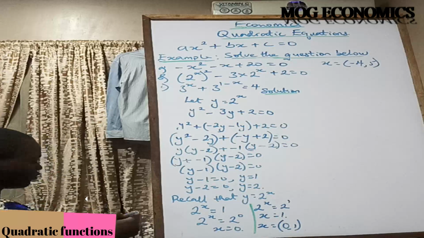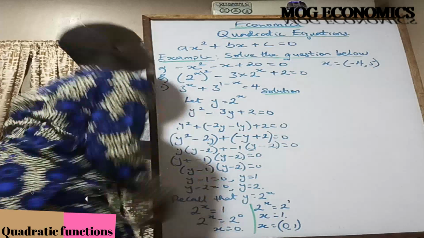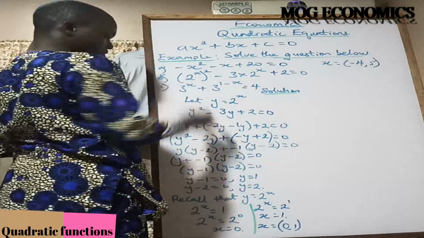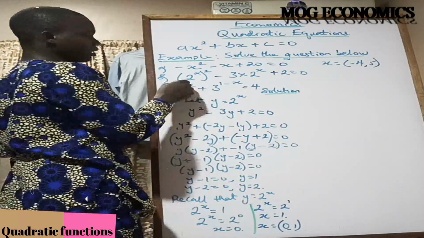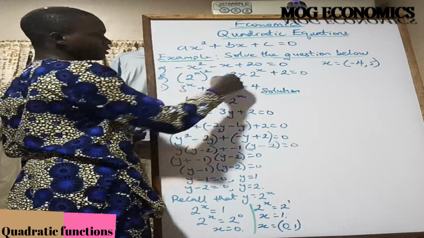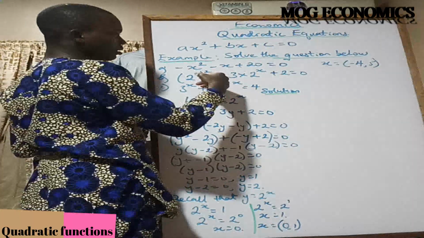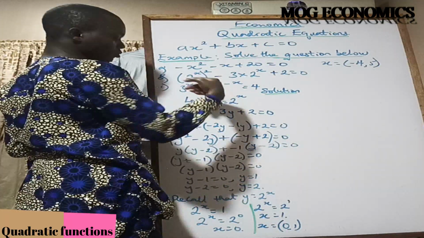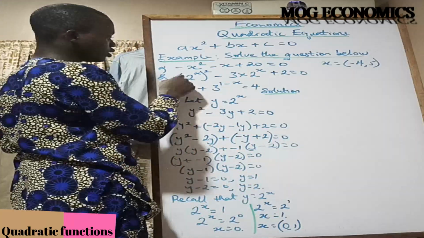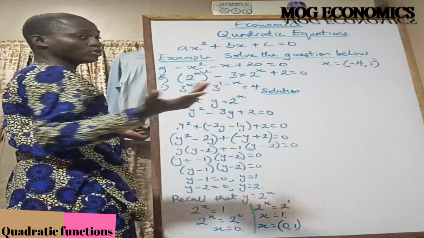Let me verify what I'm saying by putting it in for real. It should be equal to 0. If you put 0 here, 2 raised by 0 gives you 1.